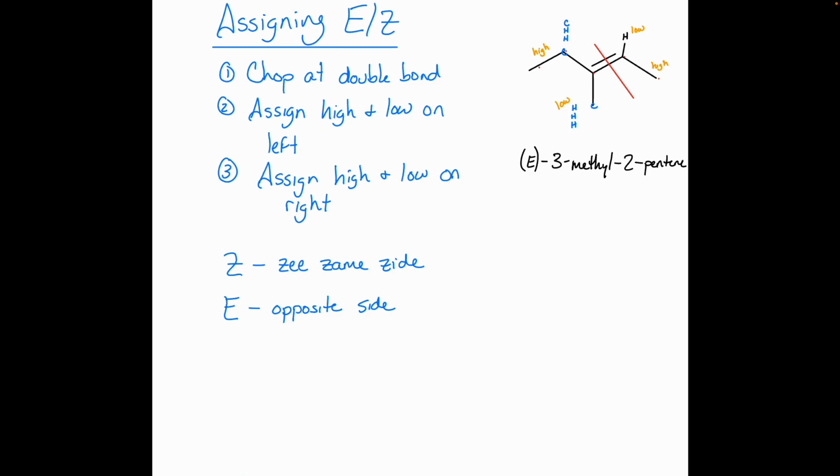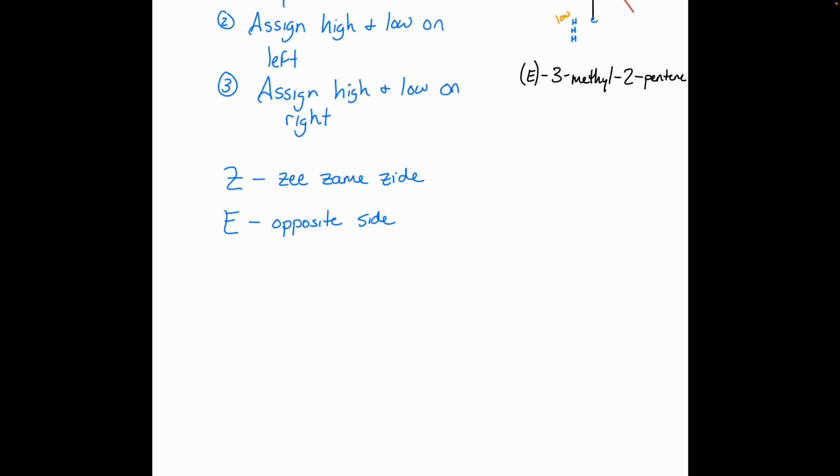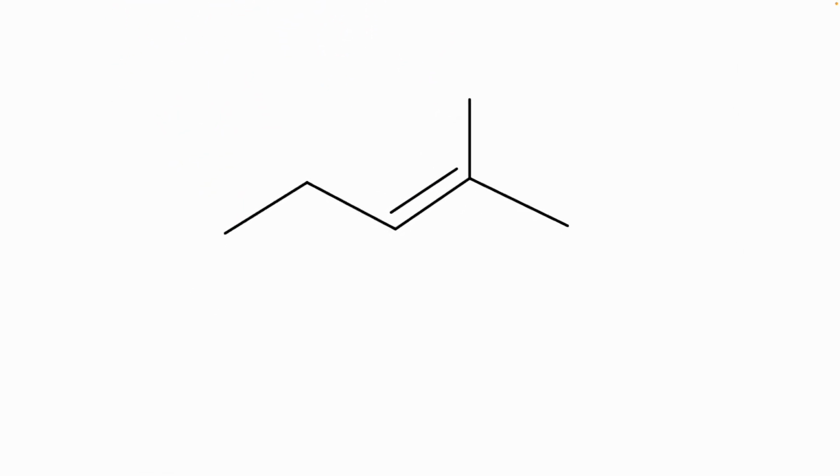Okay, and then lastly, for this molecule here, what would this one be, E or Z? Or trick question? Trick question, all right? And how can we spy it's a trick question?